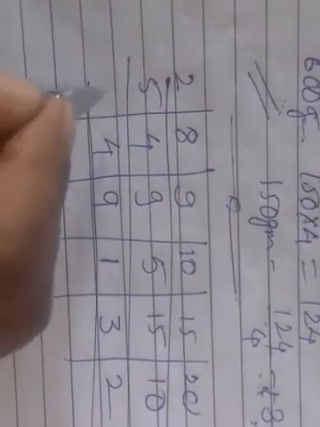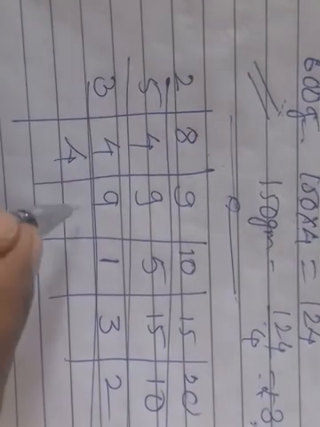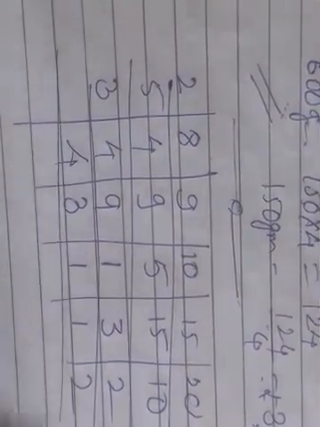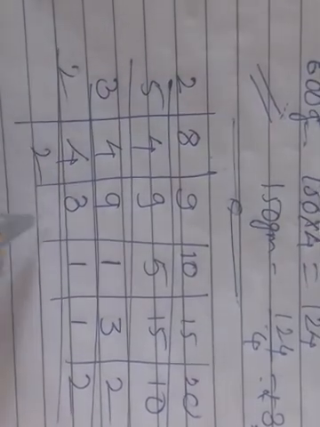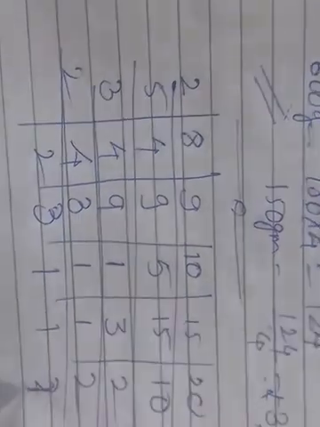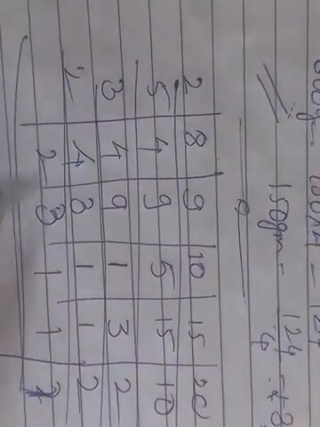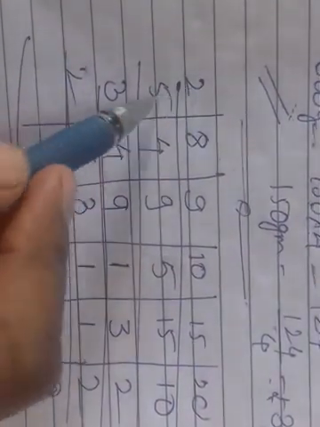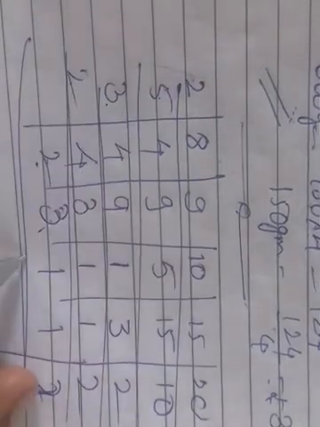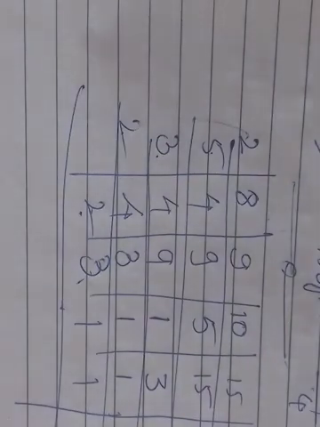Now I divide by 3: 4 is there, 3 3s are 9, 1, 3 1s are 3 and then 2. Then I divide by 2: 2 2s are 4, then 3, 1, 1 and 2 1s are 2. Then the product of 2 into 5 into 3 into 2 into 2 into 3, all these numbers, is what we get as the LCM.